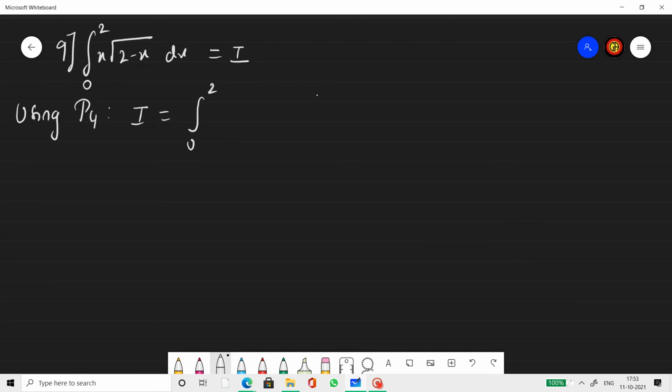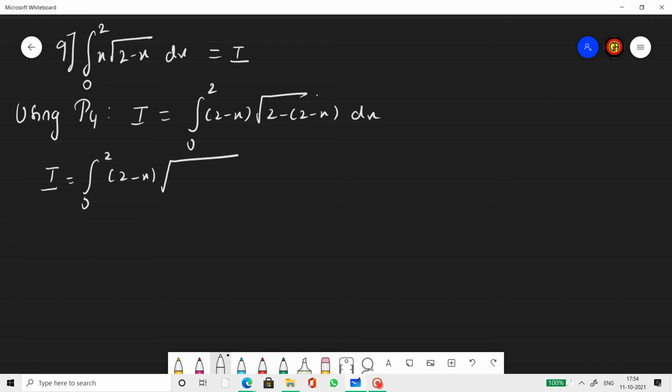Integration of 0 to 2, x times root of (2 minus x). Consider that as I. Use property 4. So x becomes 2 minus x, and root of 2 minus (2 minus x) dx. So I equals integration 0 to 2, (2 minus x) times root of (2 minus 2 plus x) dx.